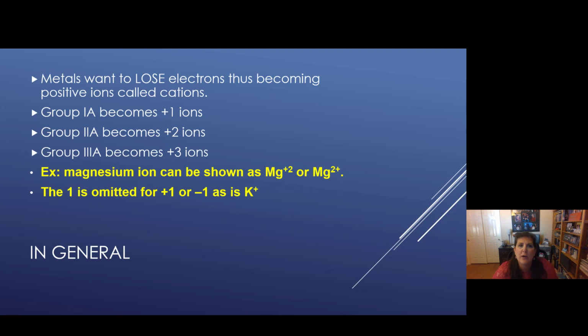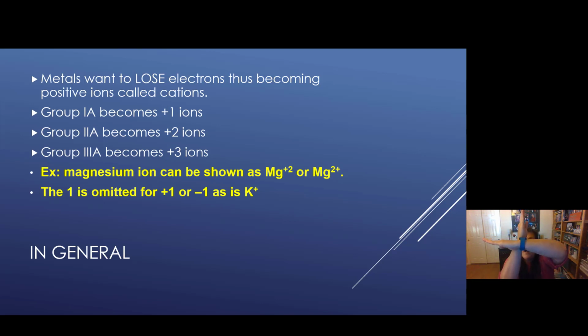So we can just generalize now. Metals, most of the atoms are metals. They're on the left side of the periodic table, left from that stair-steppy line. Metals tend to lose electrons. So they lose negativity, which makes them become positively charged ions, which we call cations. The plus is right in there, the t.